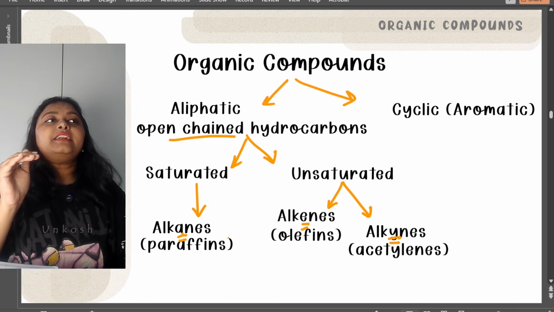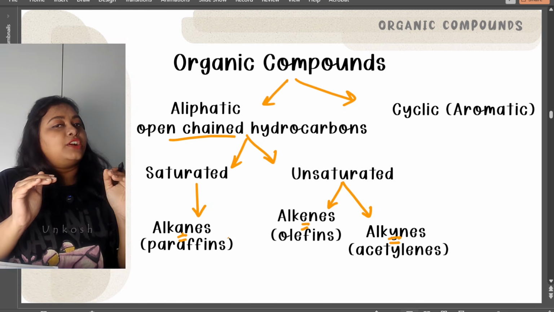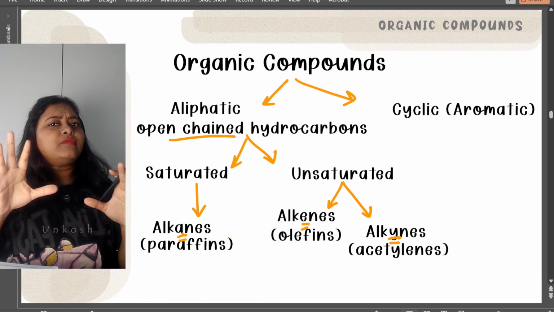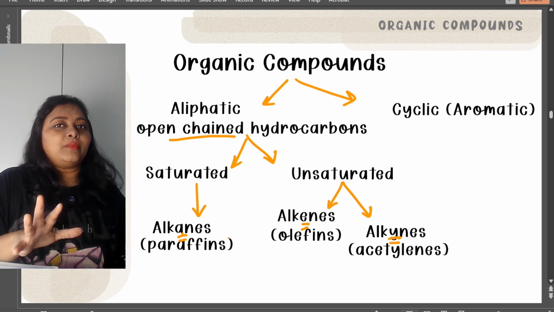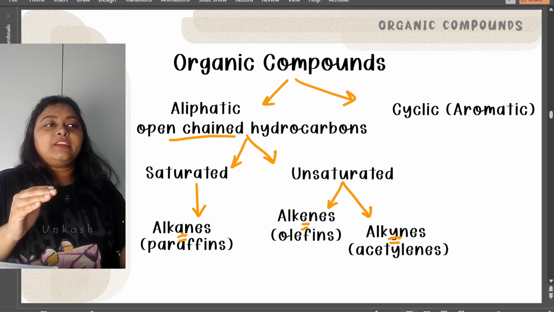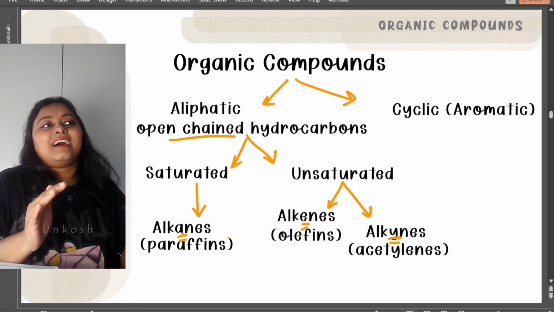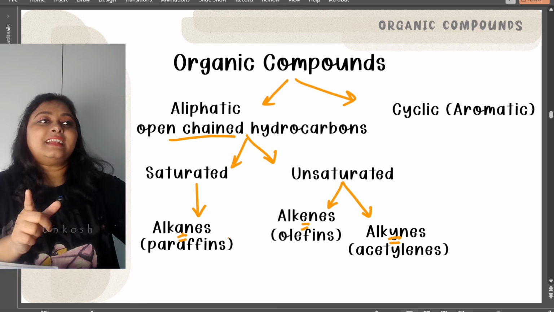So, aliphatic organic compounds are two types, saturated and unsaturated. What is saturated? What is unsaturated? We are going to talk about it now. Saturated aliphatic organic compounds are alkanes, unsaturated ones are alkenes and alkynes.